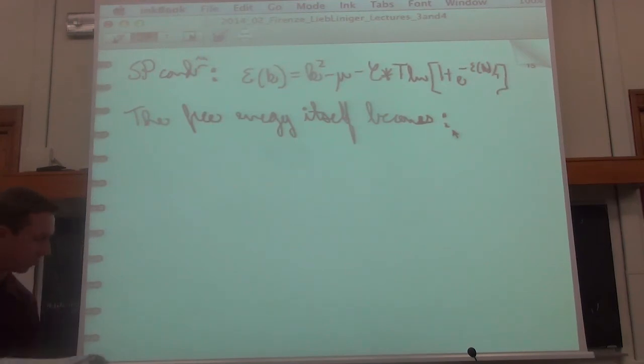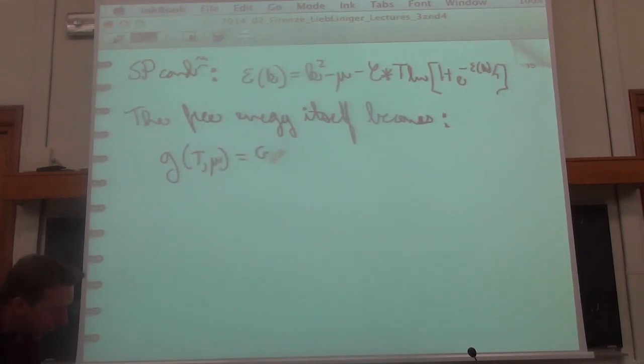So essentially the Gibbs free energy density per unit length is equal to this nice looking expression, with the t I've already written, so log of 1 plus e to the minus epsilon of k over t.